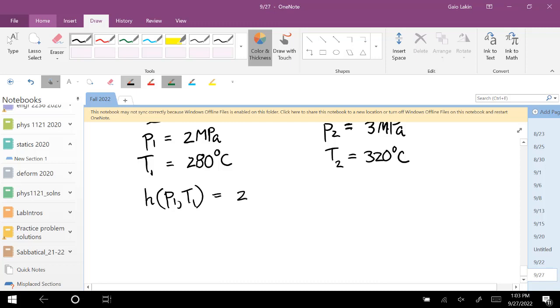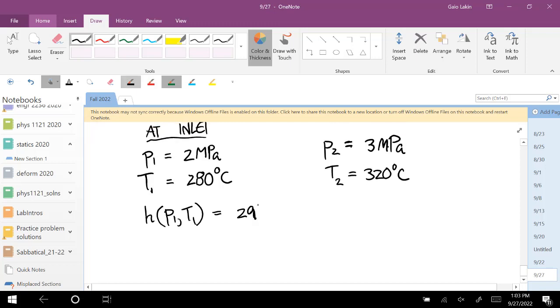And you get 2976.4 times 10 to the third joules per kilogram.